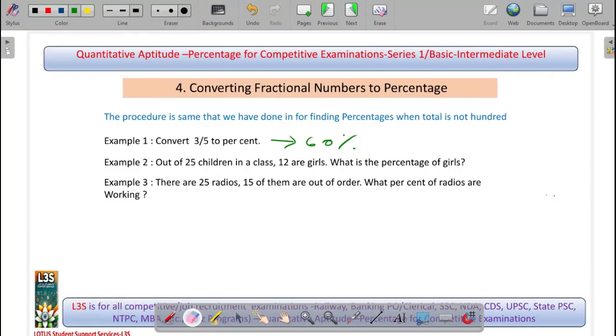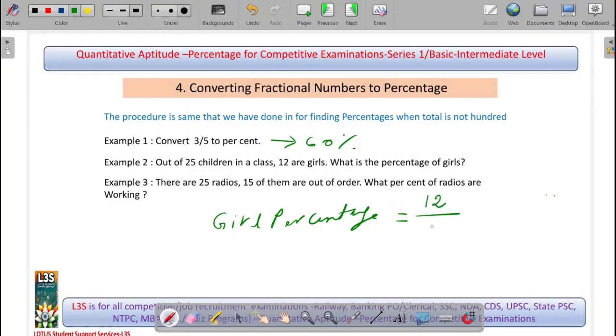Next one. Out of 25 children in a class, 12 are girls. What is the percentage of girls? So girl percentage is equal to, how many girls? 12.